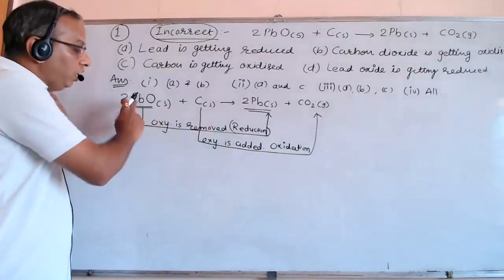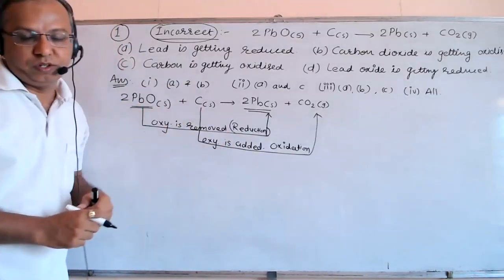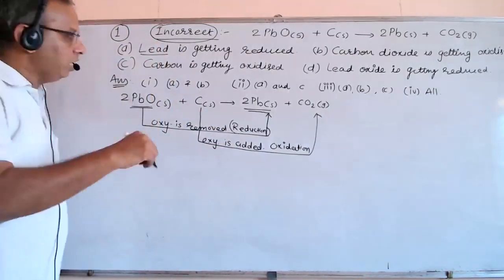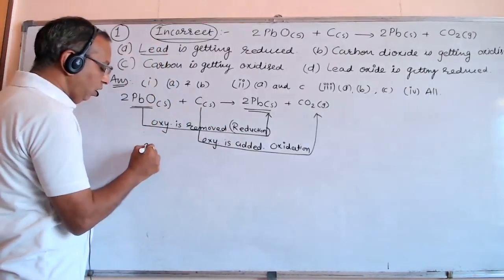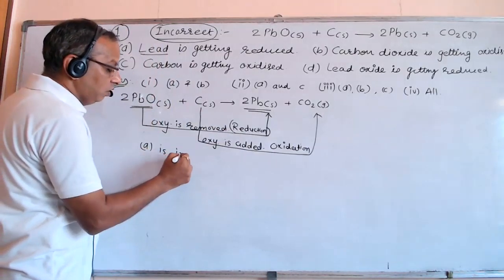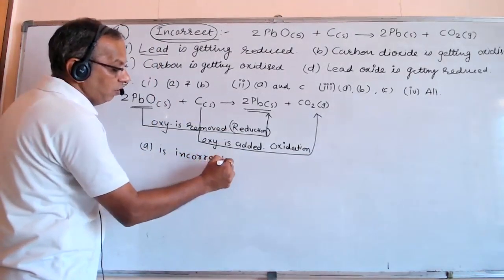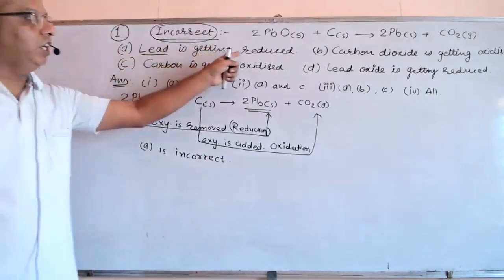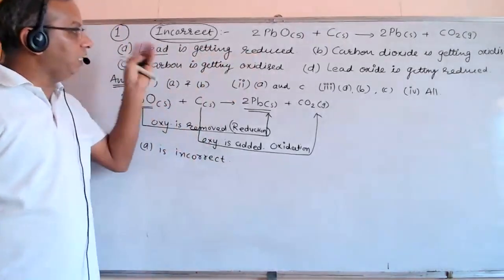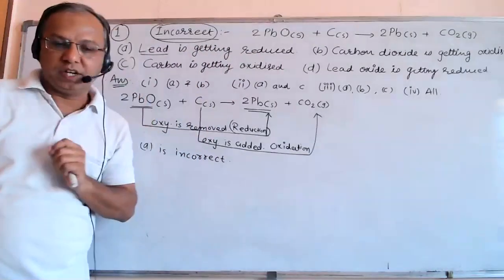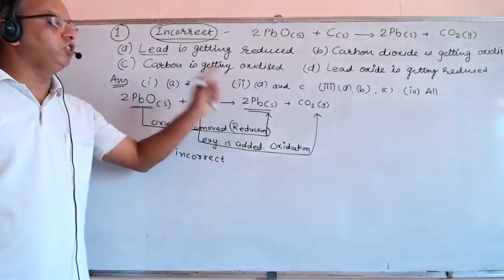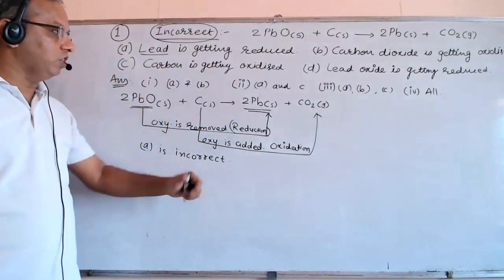So lead oxide is reduced, not lead is reduced. And that's why A is incorrect. Friends, if it says lead oxide is reduced, then it is correct. But lead is not reduced.